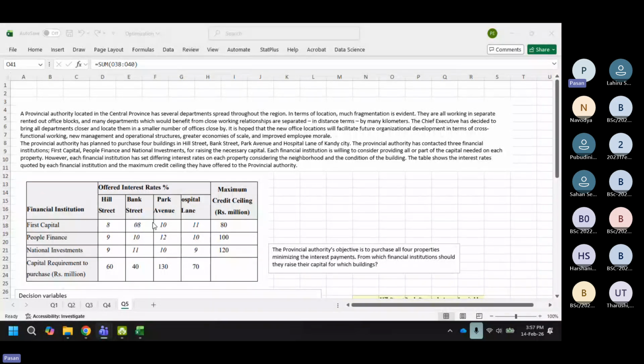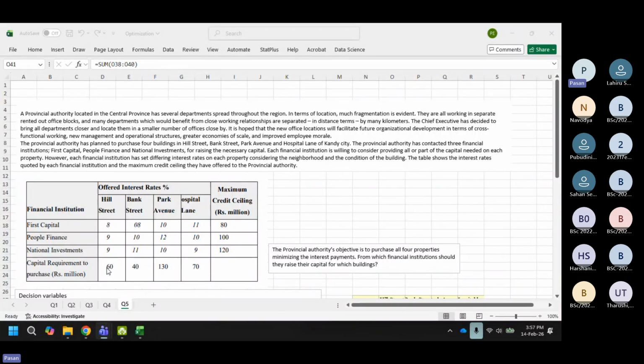And then also the capital requirement on each place is different. Different places have different requirements.